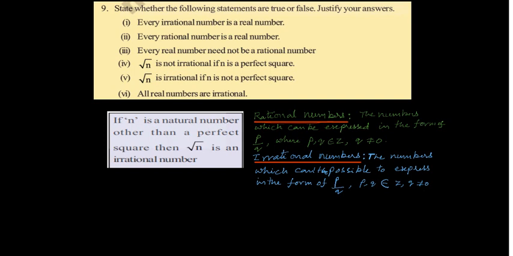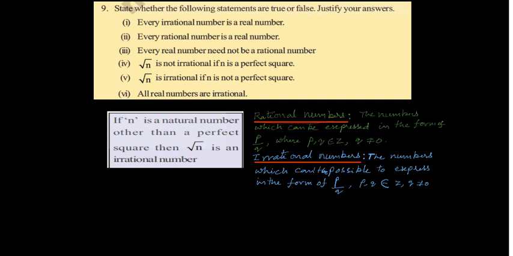Okay, now we move to the first statement. What is the first statement? Every irrational number is a real number. What do you say? Every irrational number is a real number or not? What is the definition of real numbers? The union of rational and irrational numbers is called real numbers.